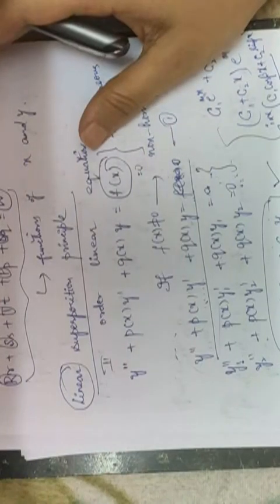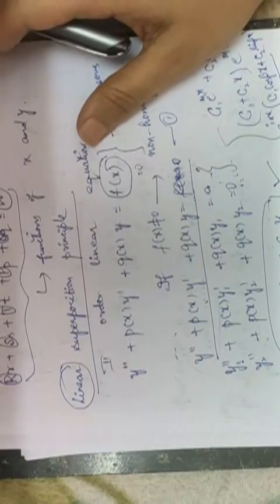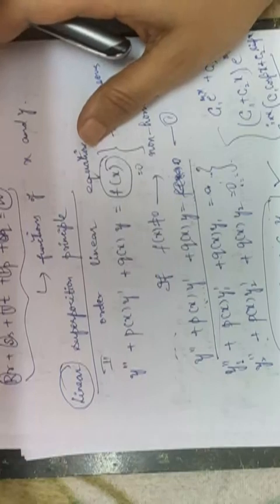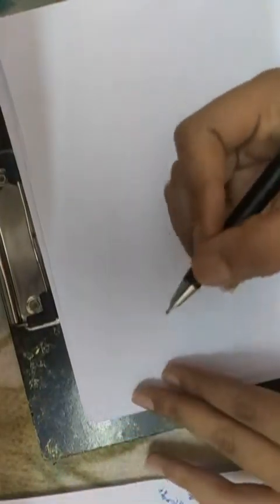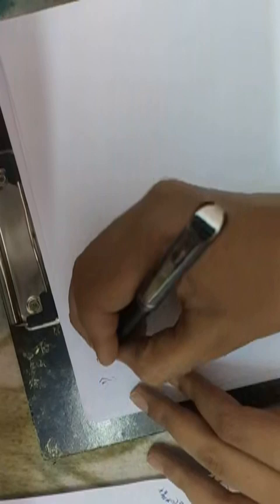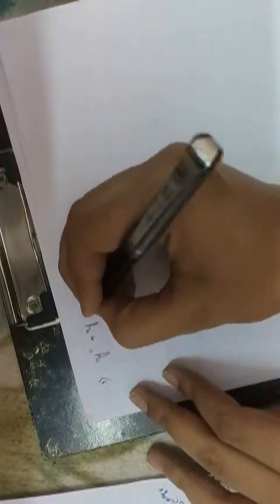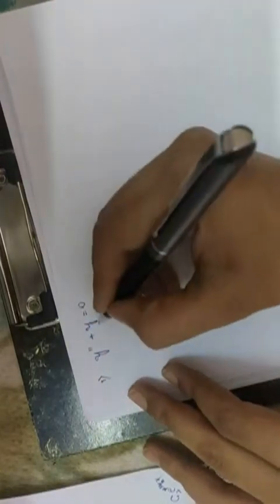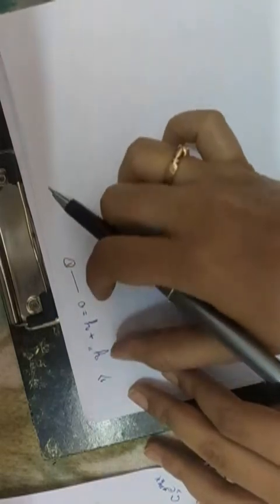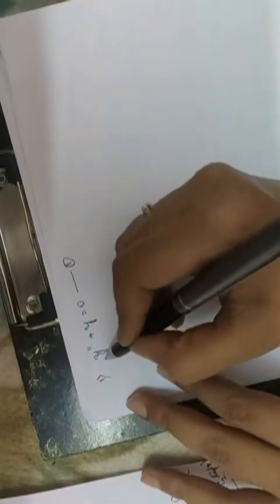Okay, so I will consider one example so that you can understand even better. Let us consider one linear homogeneous differential equation, y double dash plus y is equal to 0. So I will consider this as my equation number 1. If this equation is having two solutions, I will solve this equation.